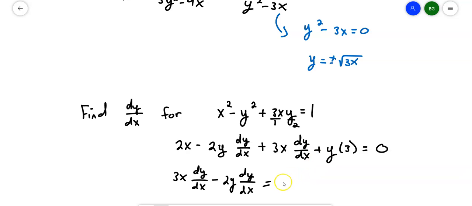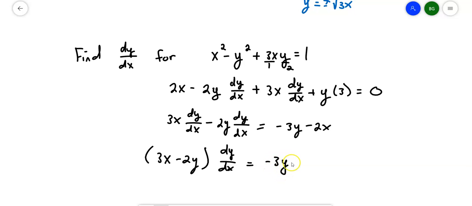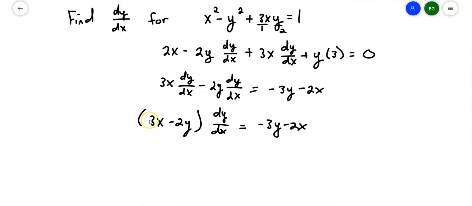So that's going to be minus 3y minus 2x. Factor out the common factor of dy/dx. And then divide through by this kind of leftover junk here.